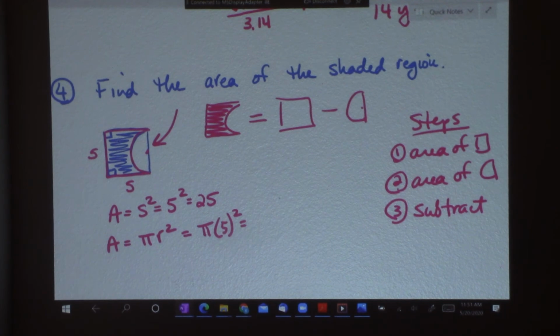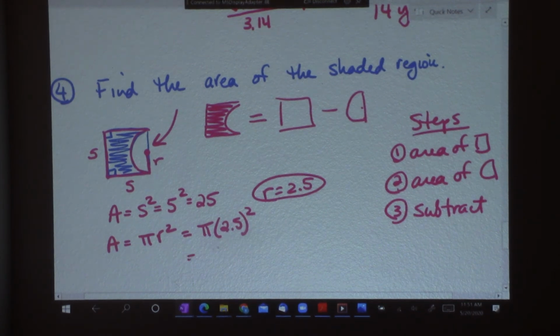What is the radius? Well, 5 is the whole thing, and the radius is half, so here the radius is 2.5. That would be a really easy mistake to make. You have to be careful and figure out what the radius is before you go any farther.